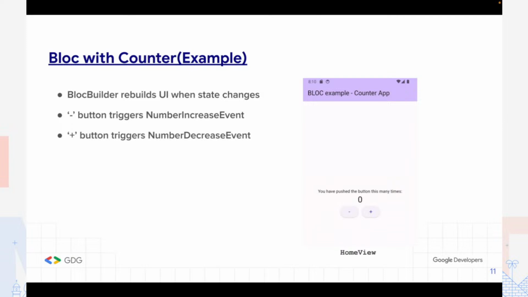And also because block builder triggers the rebuilding of the UI, we need to ensure that the UI does minimal things and only builds the widgets and not the logic, because then we are going to heavily make it more populated with lot of logic, which is not a good thing. And always keep the logic separate from the UI.